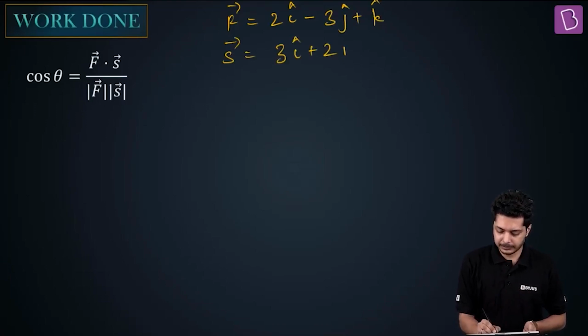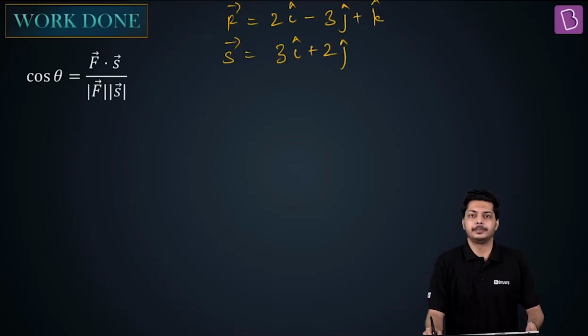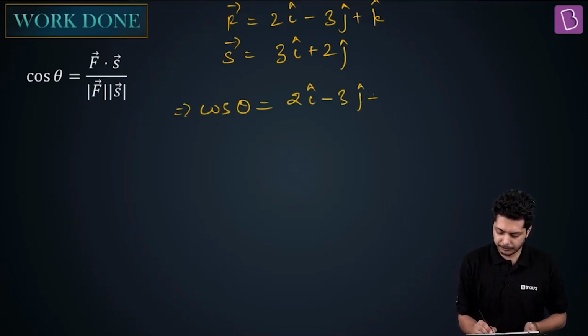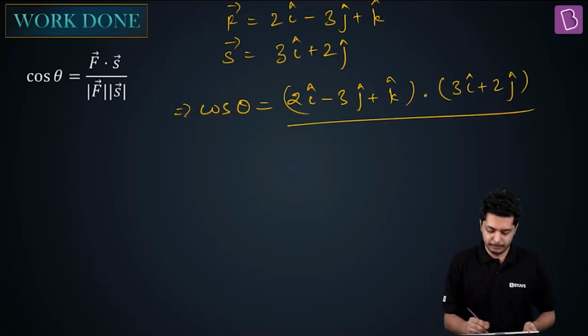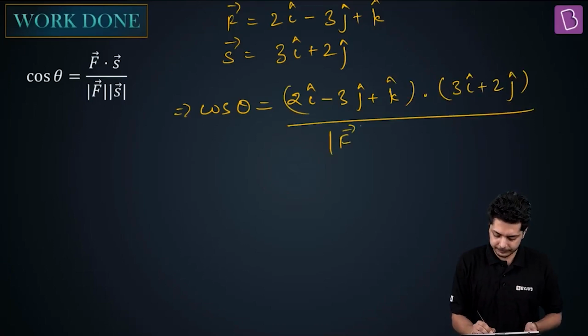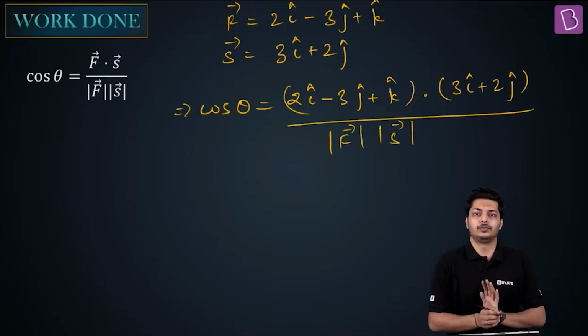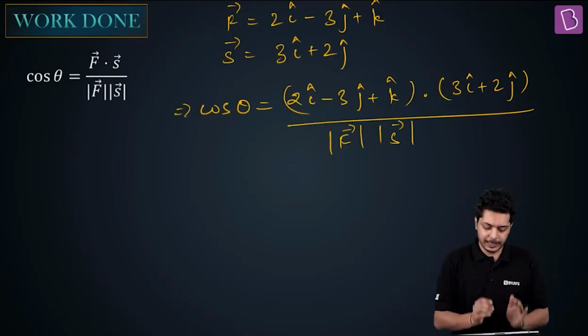3I cap plus 2J cap. Let's place it. So cos theta is equal to F, 2I cap minus 3J cap plus K cap, dot 3I cap plus 2J cap, divided by the magnitude of F into magnitude of S. Right now, we don't need to take care of the magnitude part.